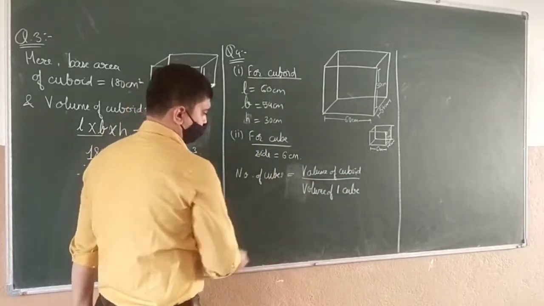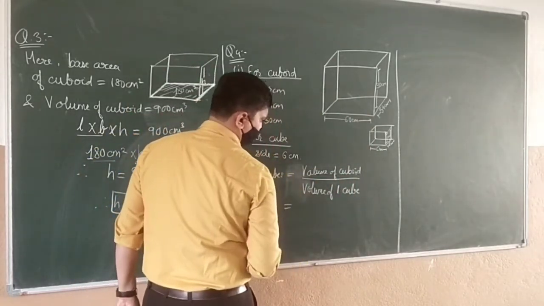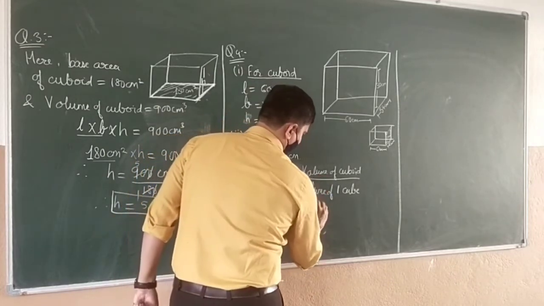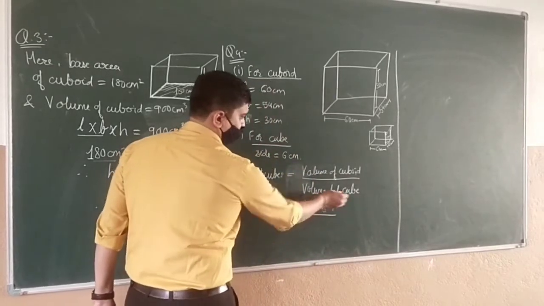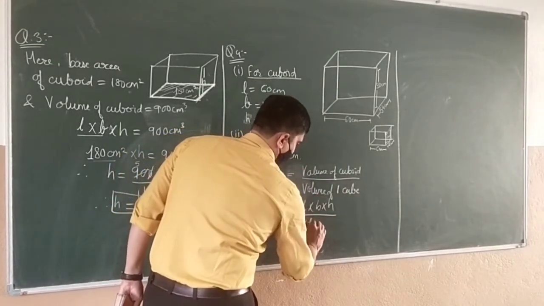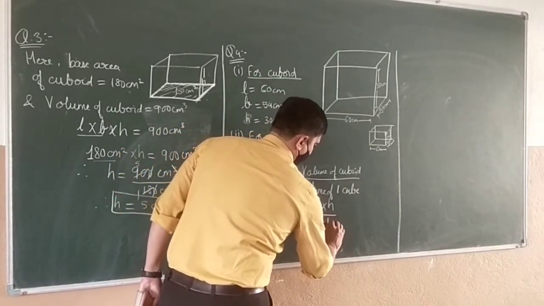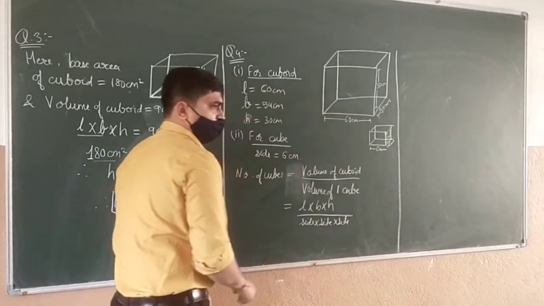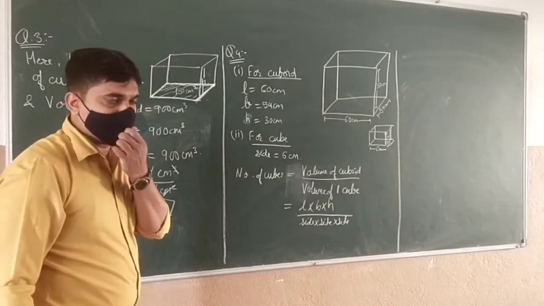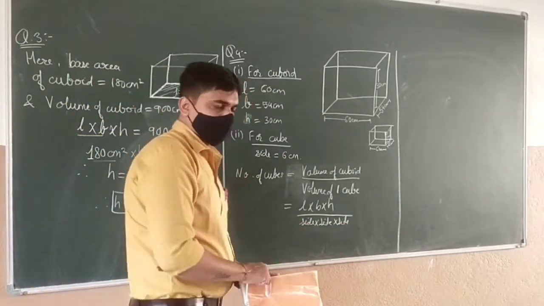How? I will solve and show you. So volume of cuboid is L into B into H. And what is the volume of cube? Side into side into side. If it is A, so you can write A cube. So I can also write side cube. Understood?